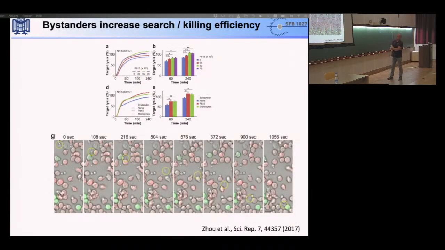Okay, now here are experiments of my colleagues. They mixed essentially killers, which are invisible, with target cells and bystander cells. So target cells are those which can be recognized by the T cells, and will be killed then.